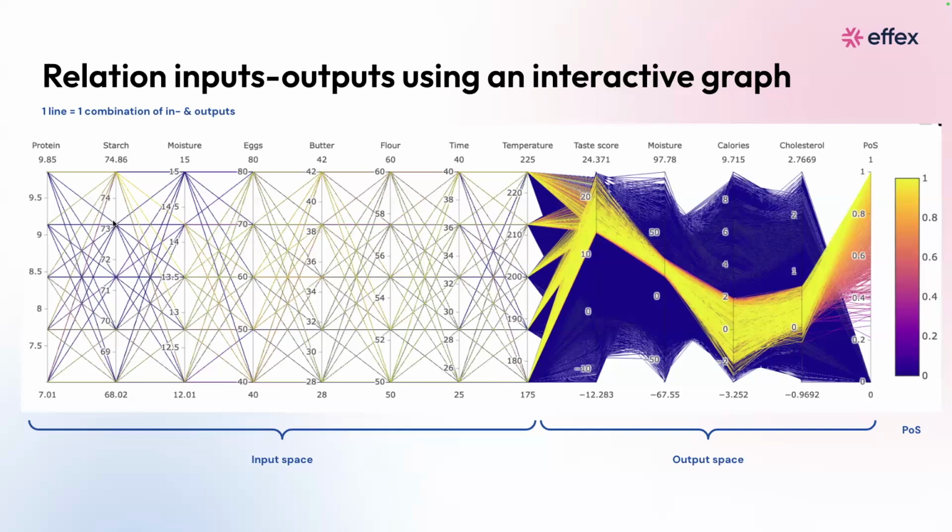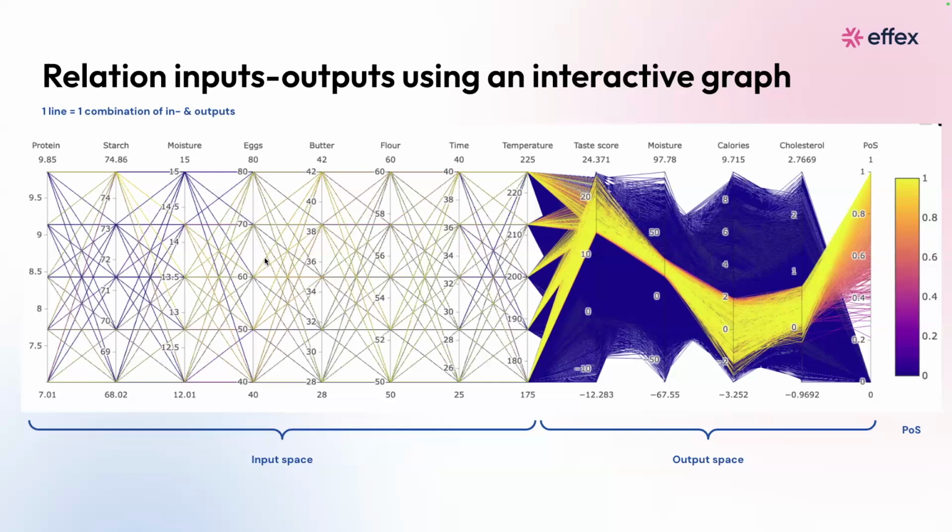If this line goes here, then it will have 73% of starch. And if we go here, for example, it will have 13.5% of moisture. It may go now here, which means that this specific combination of factor values has 70 grams of egg.